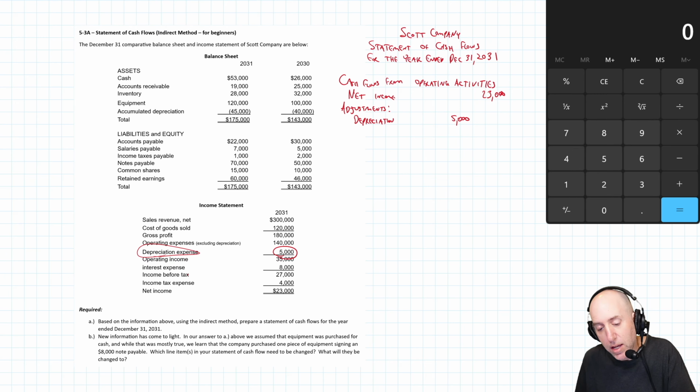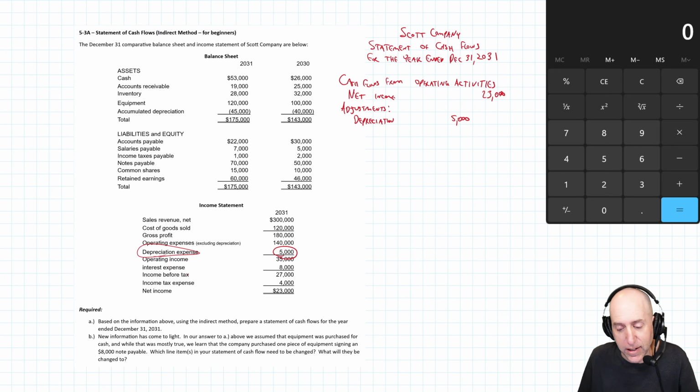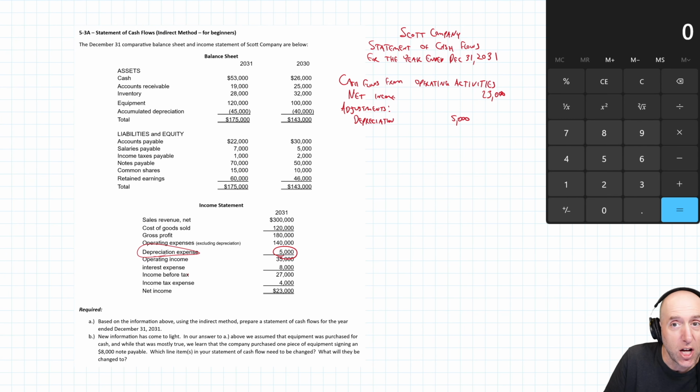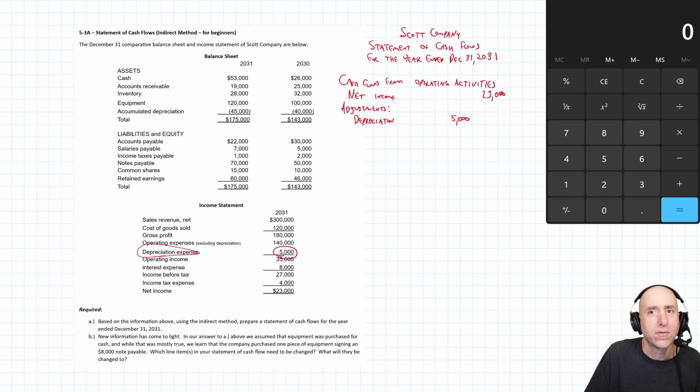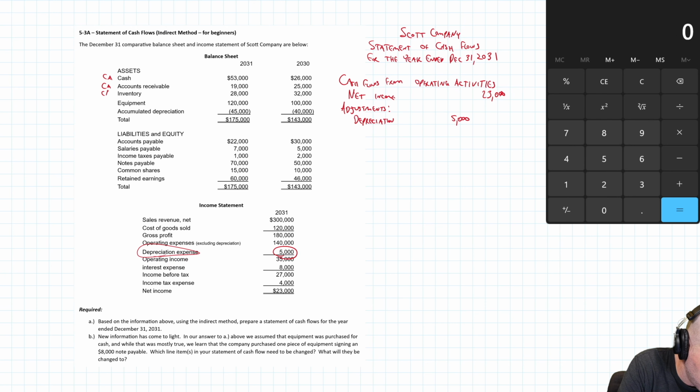The other thing we're dealing with in an operating section of a cash flow statement is the change in current assets and current liabilities. How did those affect cash flow? So you ignore cash. Cash is a current asset, of course. AR, current asset. Inventory, current asset. Equipment, buildings, land, that's PPE, that's a long-term asset. Accounts payable, current liability.